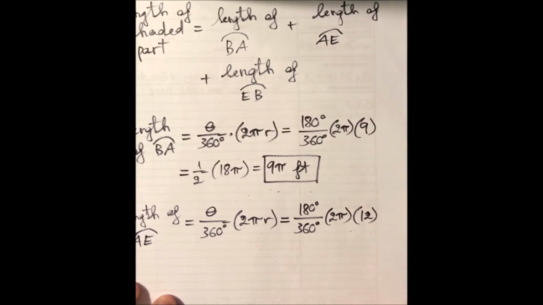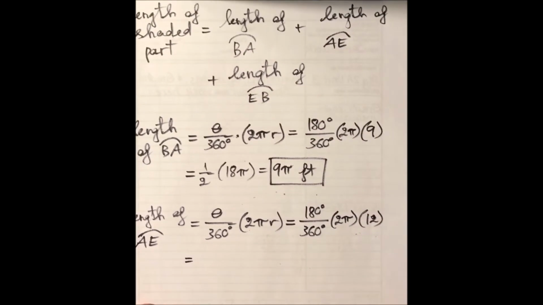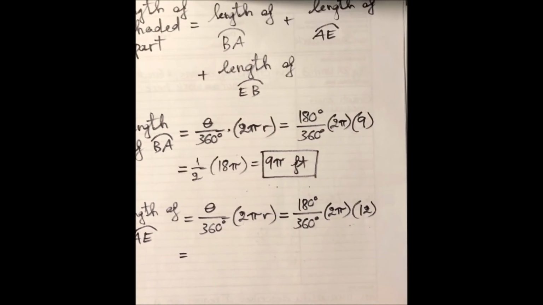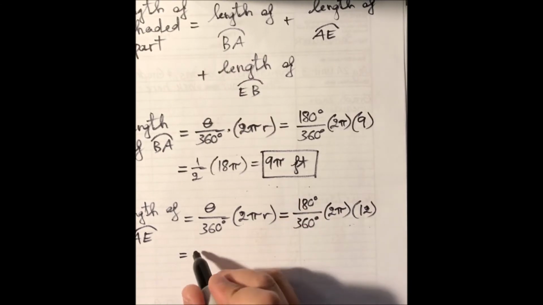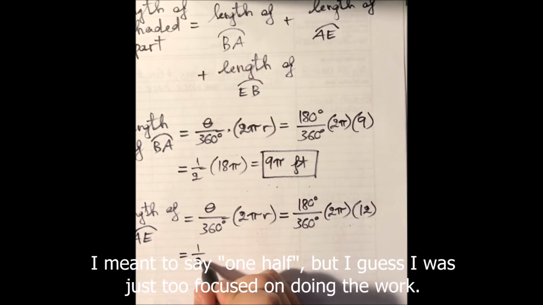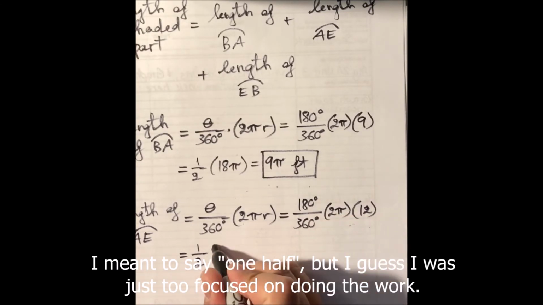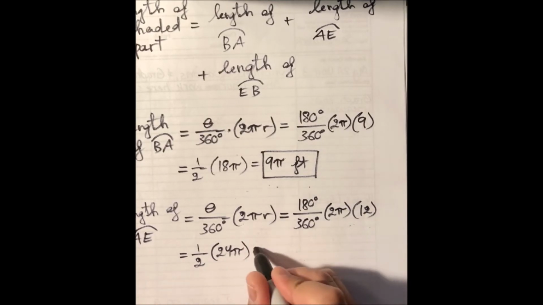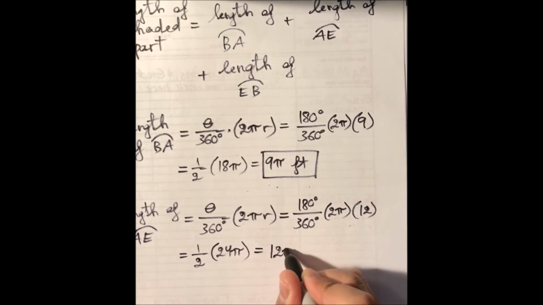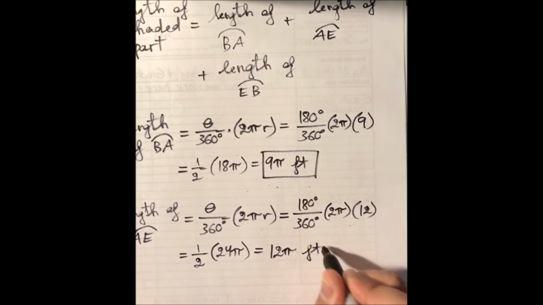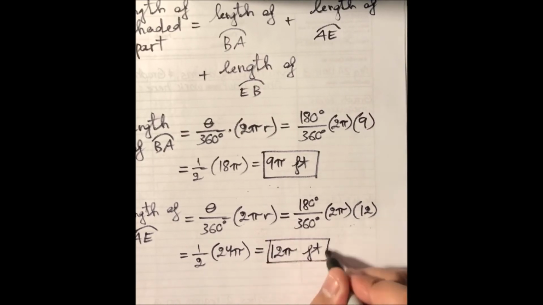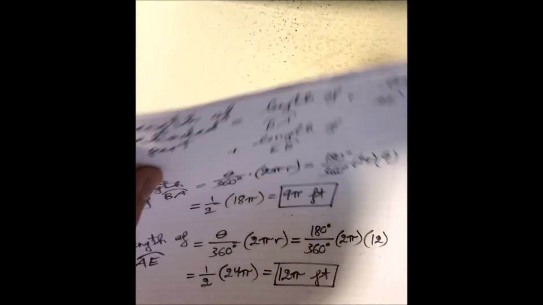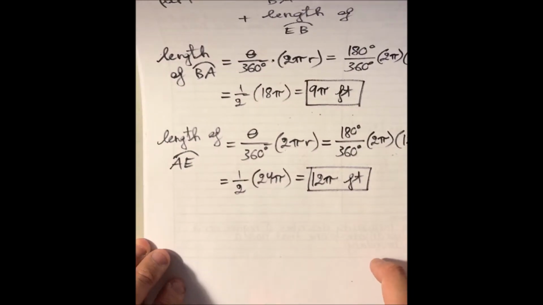And then simplify as you go. 180 over 360 simplifies to 1/2. 2 pi times 12 is going to give us 24 pi. 24 pi times 1/2 is going to give us 12 pi feet. So we get a second part of the entire shaded region down.